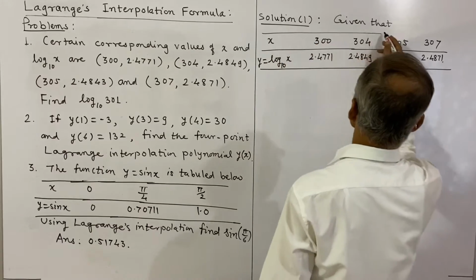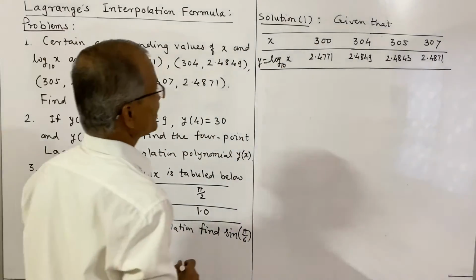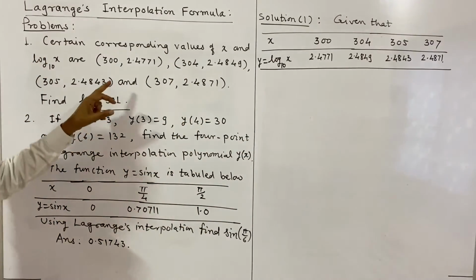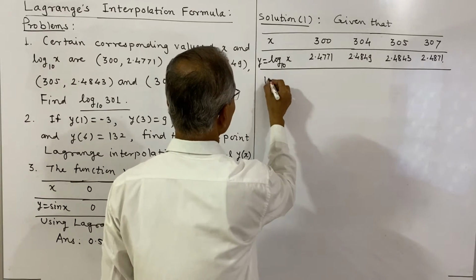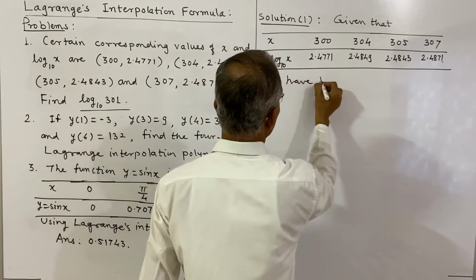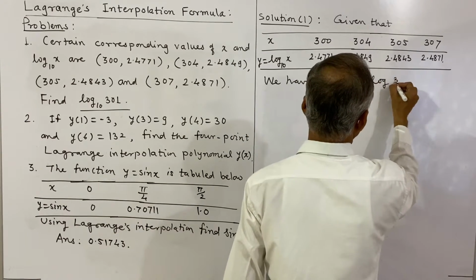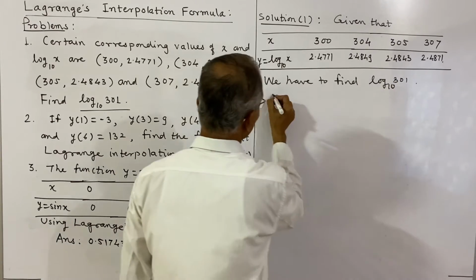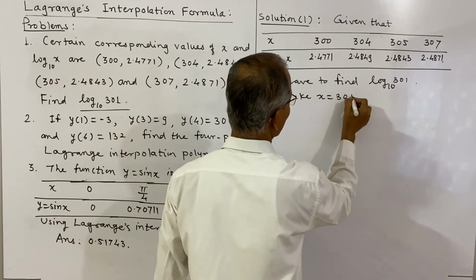Now we express directly the Lagrange's interpolation formula. We need to find the value of log at 301, that is log of 301 to the base 10. So take x equal to 301.